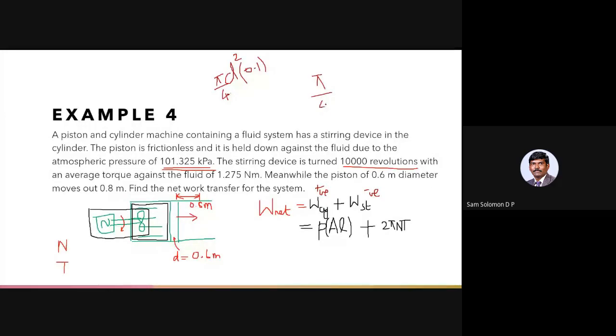Pi by 4 d squared into 0.8, is it not? Yes, sir. What is the volume of the fluid? It is also the same. So there is no change in the volume whether I am considering the fluid or the cylinder. Both are one and the same, just like we saw in the case of a balloon.